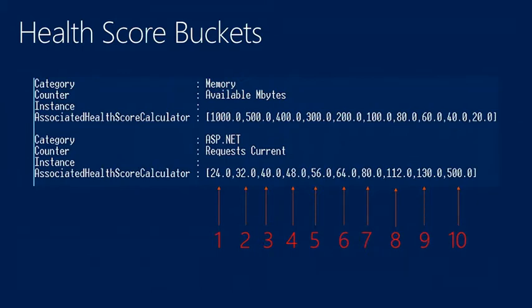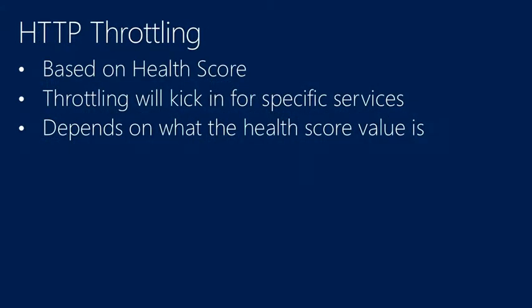But we can use these requests, and this is actually what SharePoint's built-in web application throttling uses to throttle a request to the server, and this is what request management will use when it's distributing requests based on health. So as I said, it's based on health score. Throttling will kick in for specific servers at specific levels, depending on what the score value is.